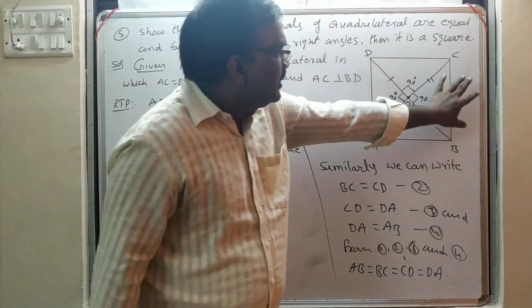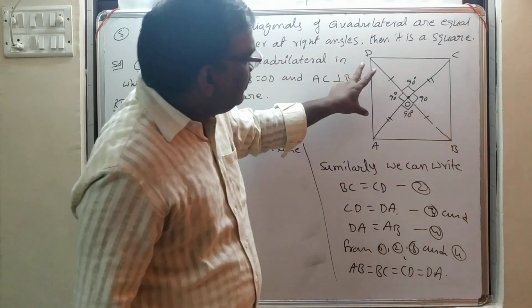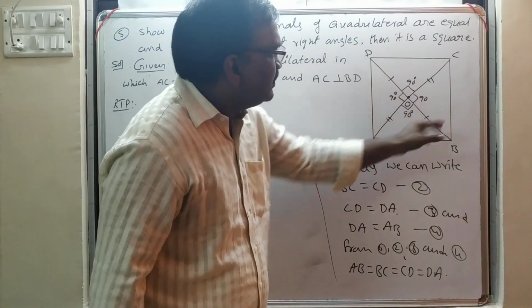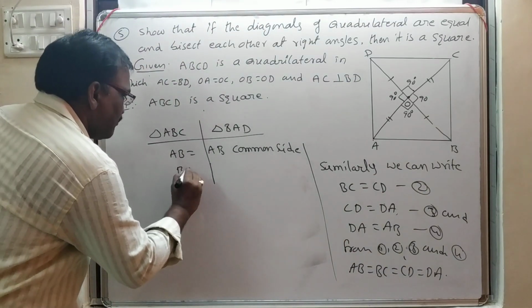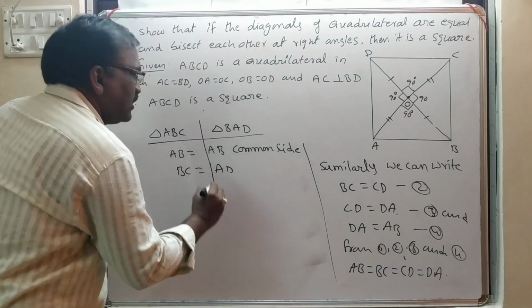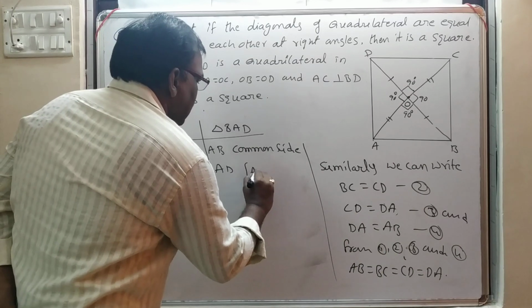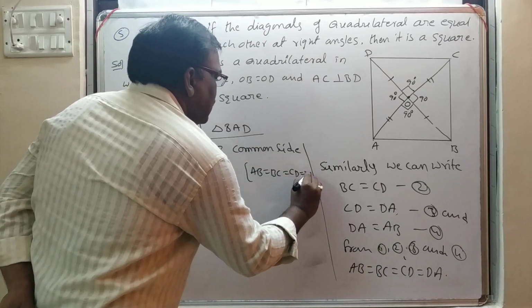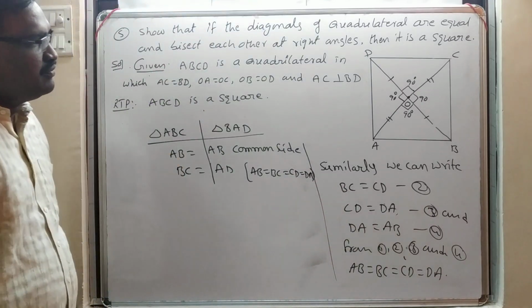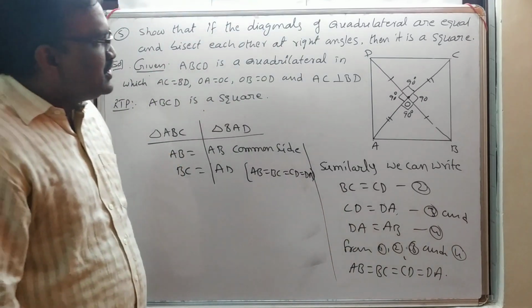Next, BC is equal to AD. All sides are equal, so BC is equal to AD. Why? AB is equal, BC is equal, CD is equal, DA is equal. All sides are equal.